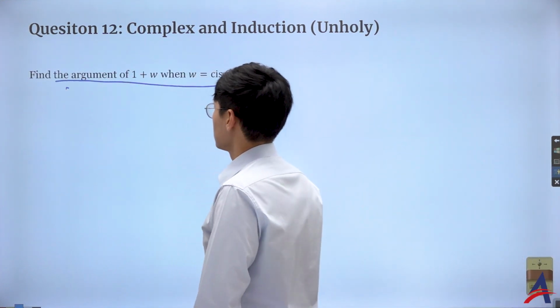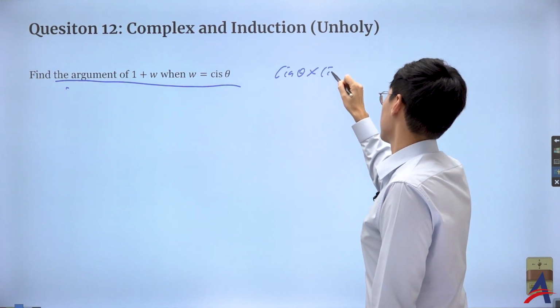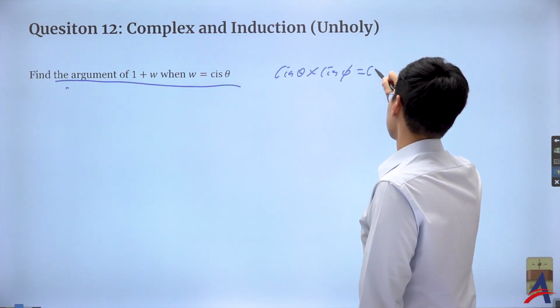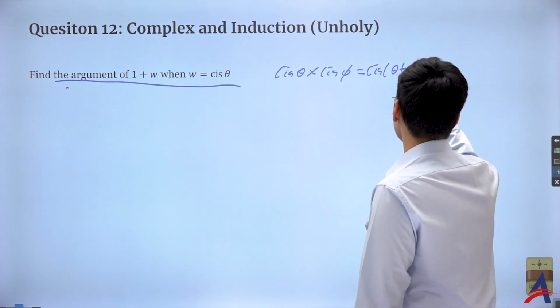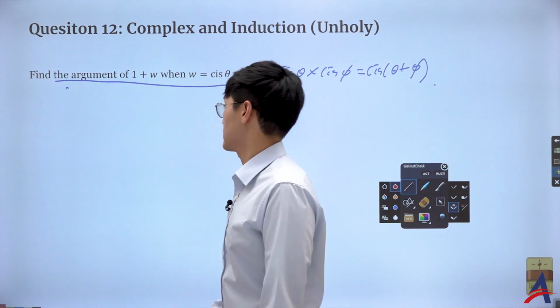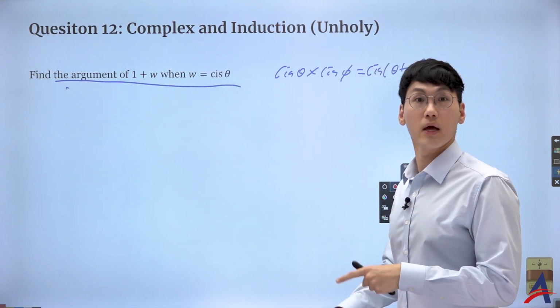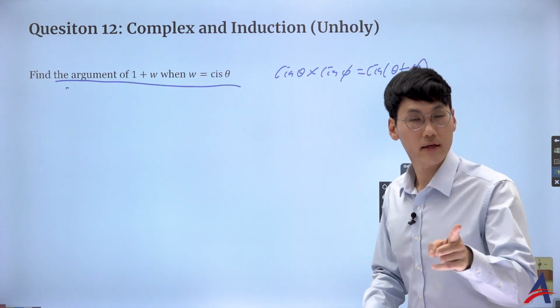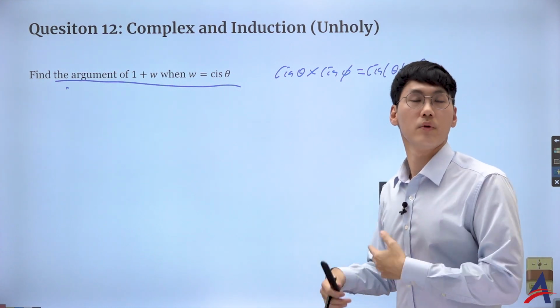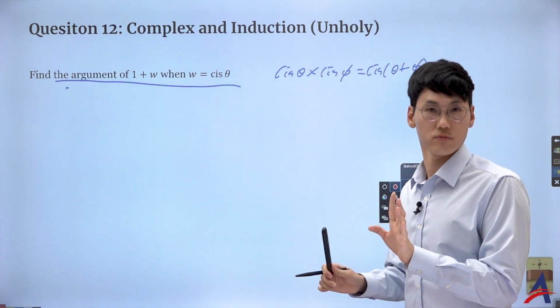All right, so cis theta times cis phi is what? You're right, it's going to be cis theta plus phi. I get it. However, yes, you should know the sum. Please memorize it. I've been saying it for a long time, and right before the exam in May 2022, I uploaded some formulas that people should memorize, and that came up on paper one very nicely.